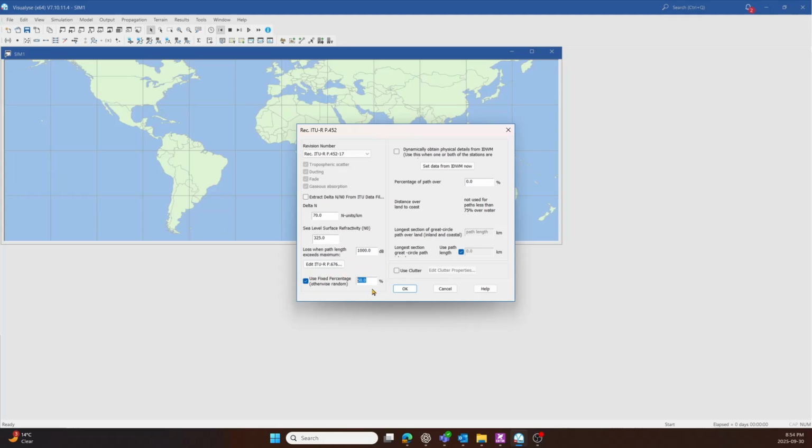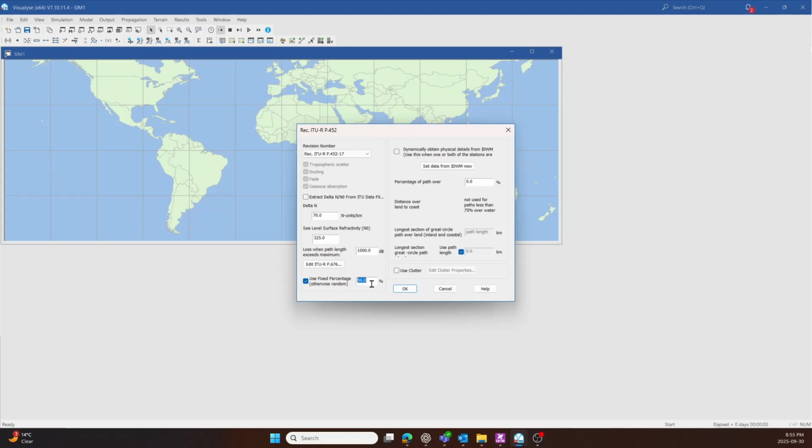For example, if it is 50%, that means 50% of the time in a year the propagation conditions are normal, and in 50% the propagation conditions are not normal, therefore favorable towards the interference signal. That means you are going to experience more than normal interference in your receiver.